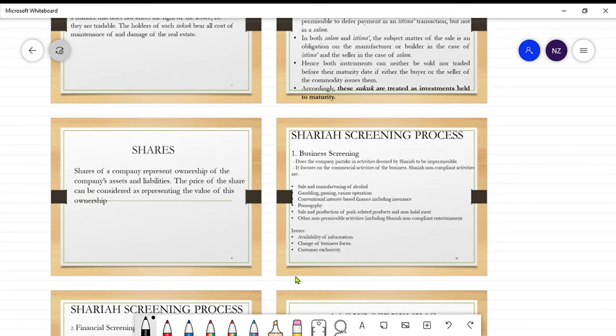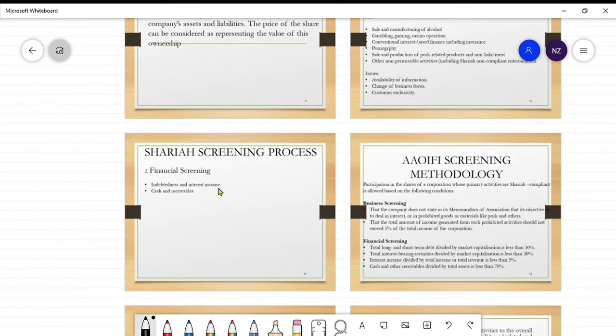And then after kita dah buat business screening, kita kena juga buat financial screening, which kita nak kena tahu in depth on the financial sectors of the business. Sama ada that business ada unsur interest income in the financial, atau ada unsur indebtedness in the financial.